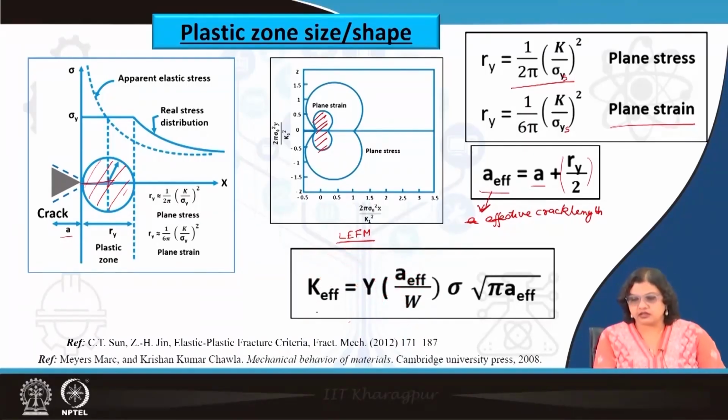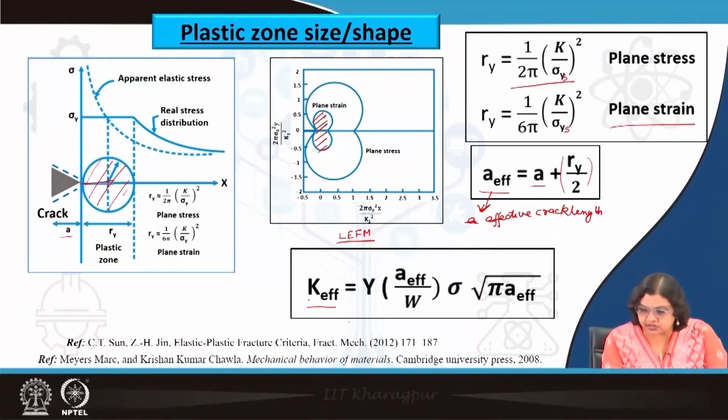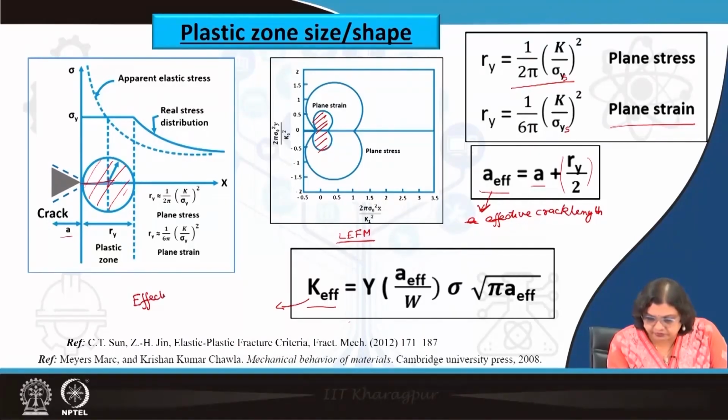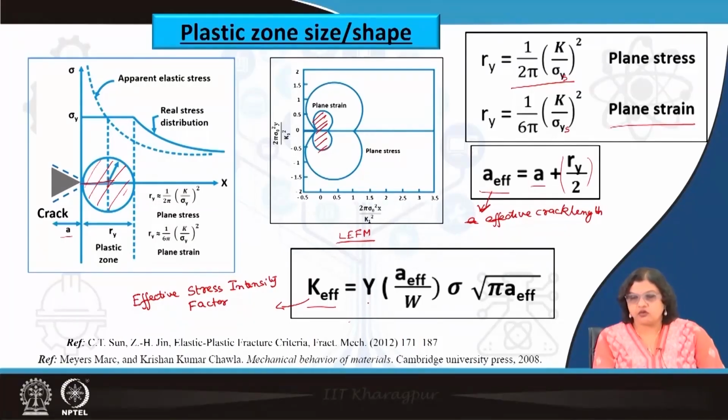So in that case, instead of K, the simple stress intensity factor, we use the effective stress intensity factor, which equals Y, depending on the center crack or edge crack, times sigma root pi a effective. Y is related to a effective and W. So instead of a by W, this is also related to a effective, and that may also vary.